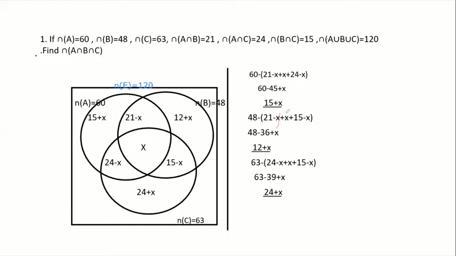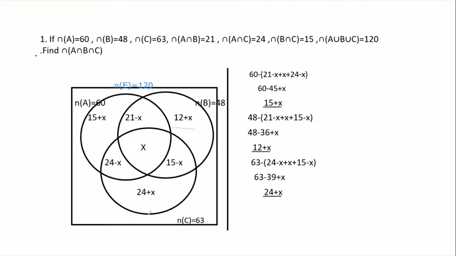We end up eliminating those two, giving us a remainder of 21 plus 15, which gives us a positive 36 minus X. So we open up that is 48 minus 36 plus X, giving us a 12 plus X as our expression for B only.